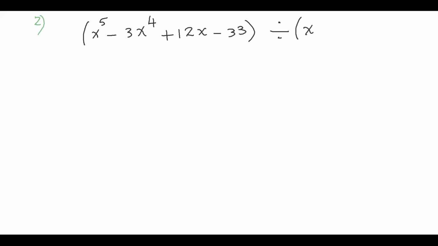I'm going to show you the next example because this is a tiny bit different because we don't have the complete polynomial. So this is our problem. Minus 33 divided by x minus 3.